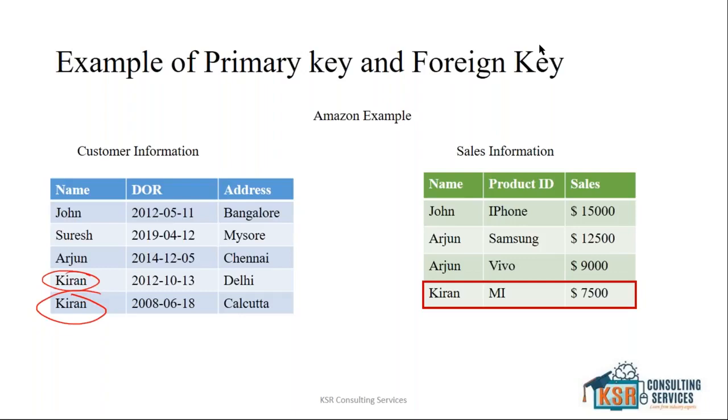Anyone who disagrees, anyone who tells me that this Kiran is from Delhi, or that this Kiran is from Calcutta, anyone can tell if it is possible or not possible. Forget about the solution. I need an answer whether it is possible or not possible to find out which Kiran this is.